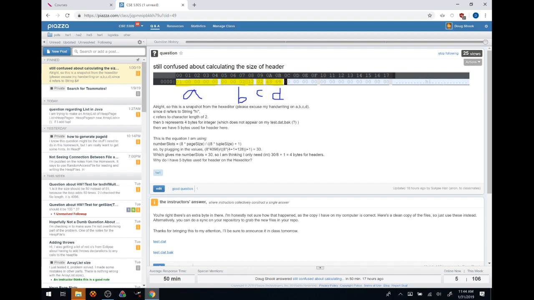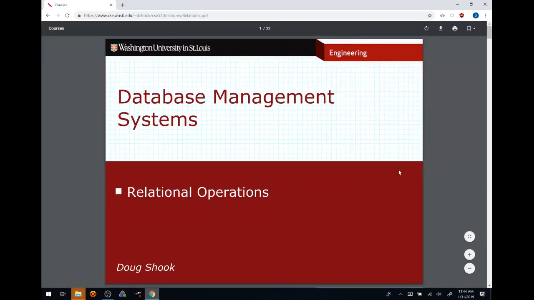Mostly with reading and writing tuples is what I would expect might cause some problems, but the other stuff should work, even though that extra byte snuck into the header of the file. So I just want to make sure everybody was aware of it. Go out and make sure you grab a copy of that file in whatever way is easiest for you. And yeah, that's it. Any other questions before I hop into today's material about homework assignments or other stuff?